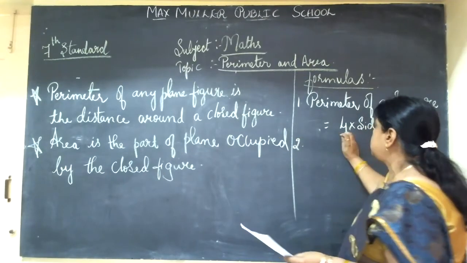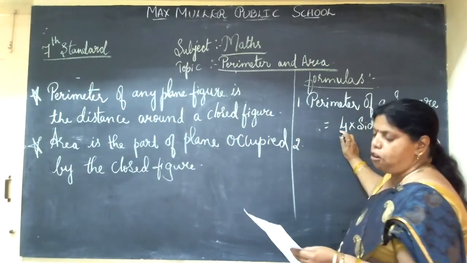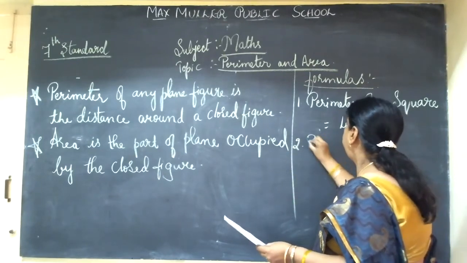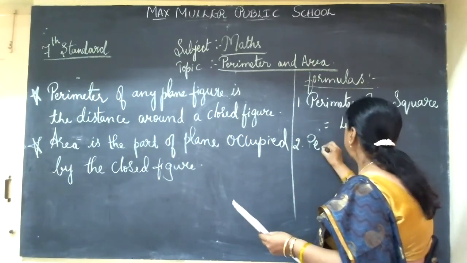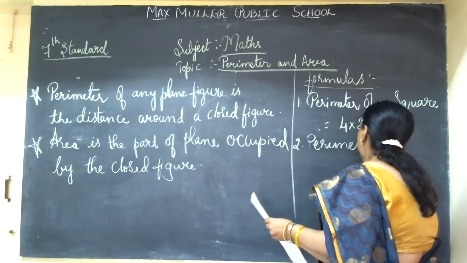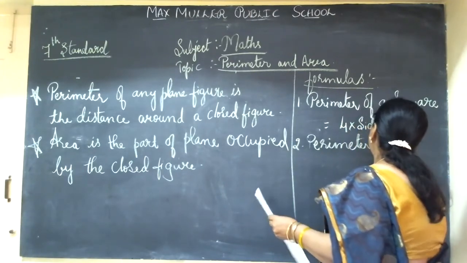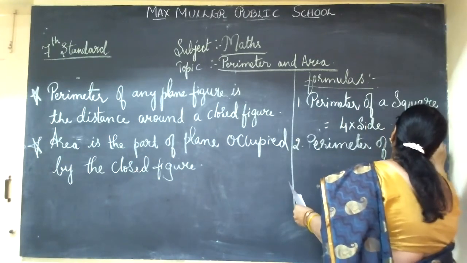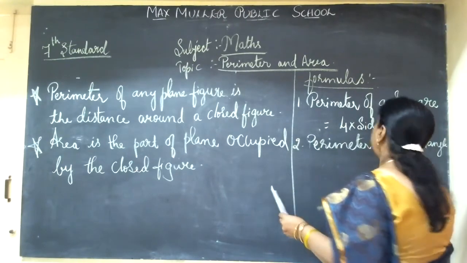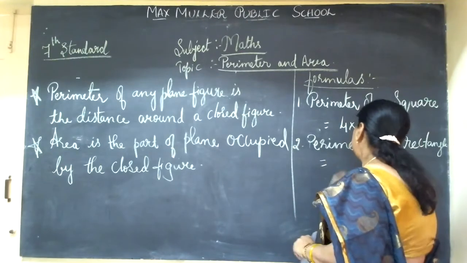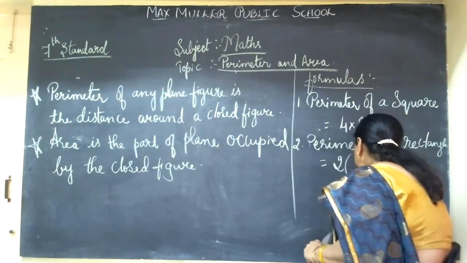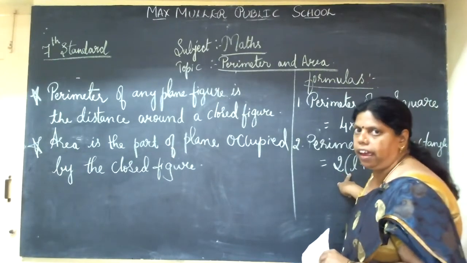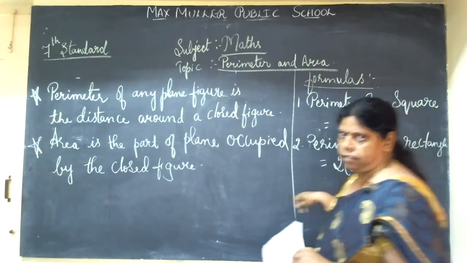Perimeter of a square is 4 into side. Perimeter of a rectangle is equal to 2 into (L plus B). L stands for length and B stands for breadth, right?